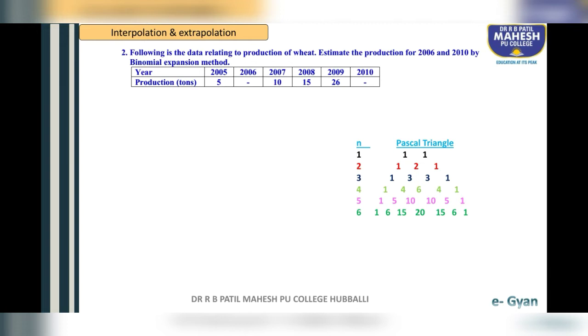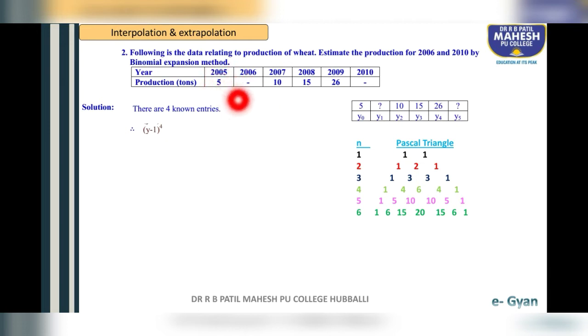See here students, in this question we have to find the missing values of production of 2006 and 2010. As you know the procedure, first we have to find the number of known values. How many known values of y are there here? 1, 2, 3, 4.